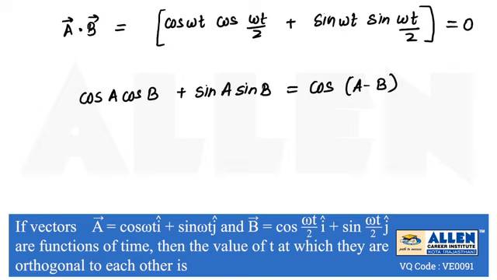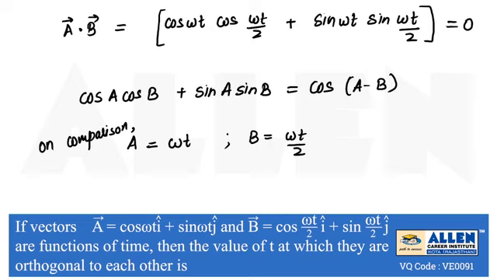On comparing the identity with the expression we are getting, we can say A will be omega t and B will be omega t by 2, because in cos A cos B we have cos omega t and cos omega t by 2, and in sin A sin B we have sin omega t and sin omega t by 2.